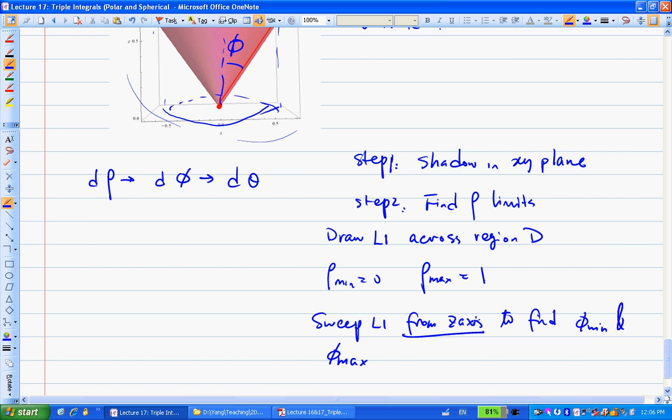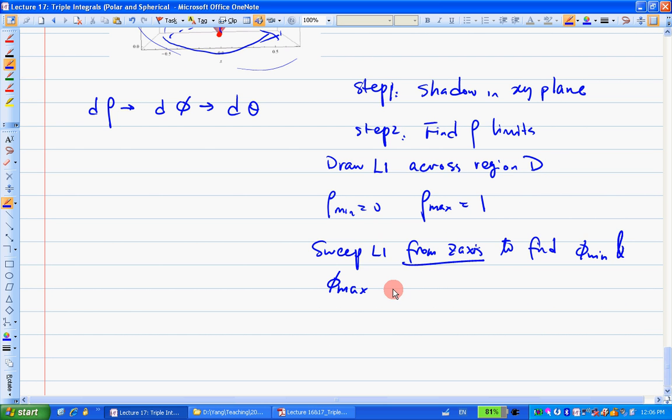Your phi angle cannot be less than 0 degrees, and cannot be more than pi. So now I've got my phi min as 0 degrees and phi max as pi over 3.